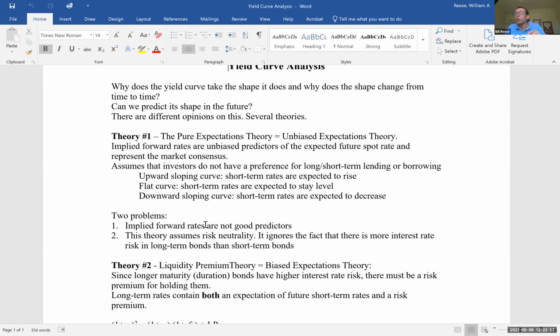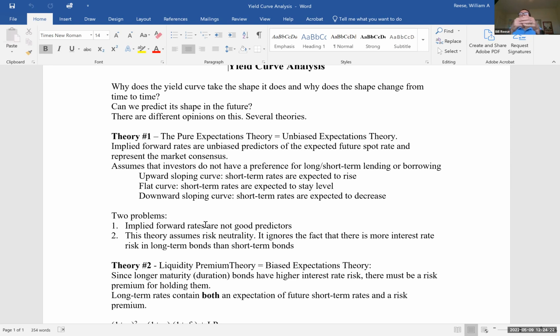it assumes risk neutrality, that investors are indifferent between investing in a long-term bond, like a 30-year bond, versus a 1-year treasury bill and rolling it over each time. Well, we know already, due to interest rate risk, that longer-term bonds have more interest rate risk than shorter-term bonds.